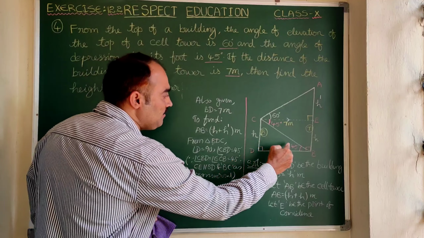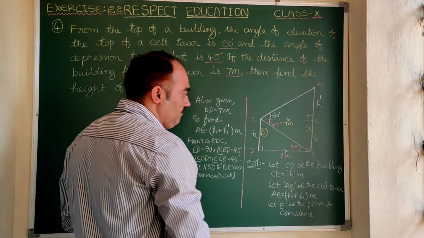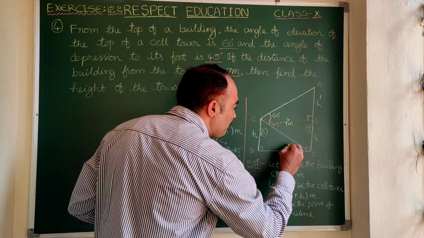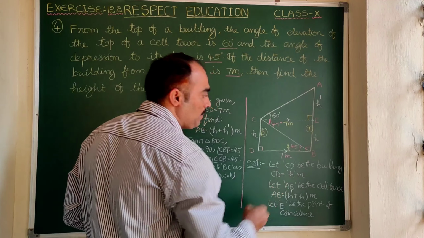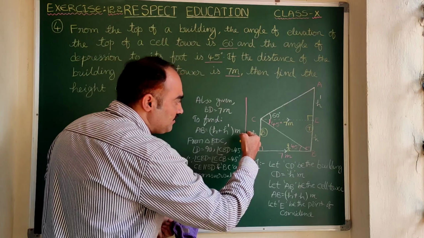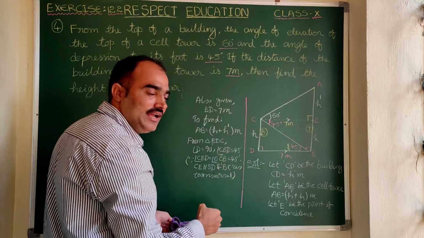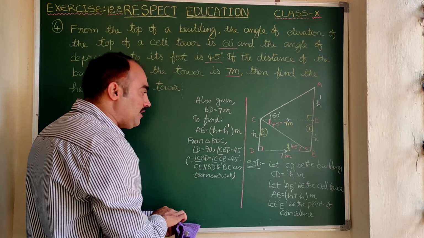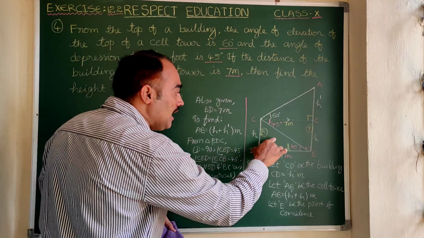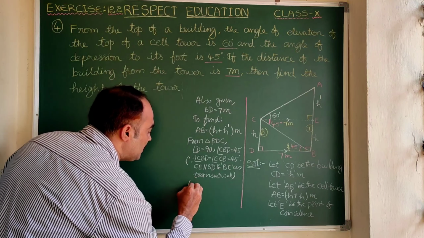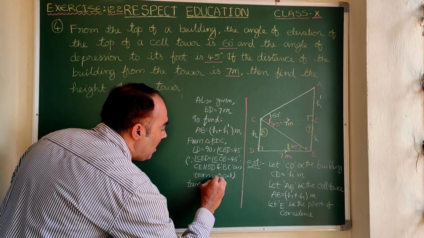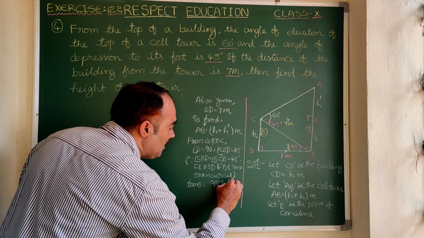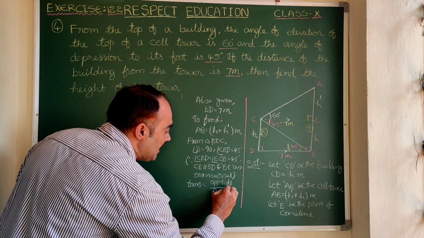Now let us apply here. Just assume that you are standing at 45 degrees. Then look straight, opposite side is CD, adjacent side is BD. So out of the trigonometric ratios, tan theta is applicable here. Tan theta is equal to opposite side to theta by adjacent side to theta.